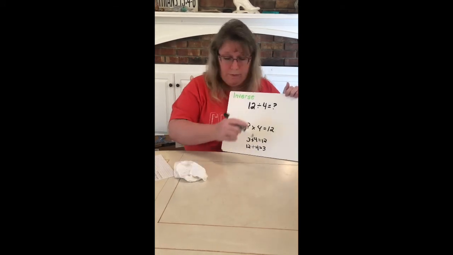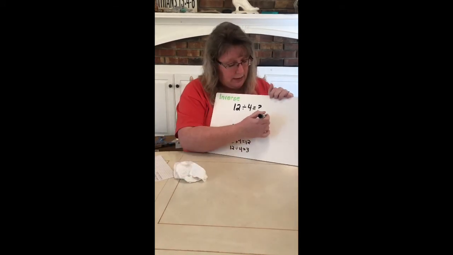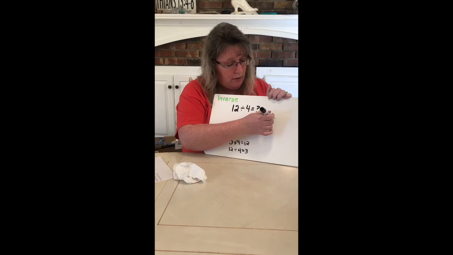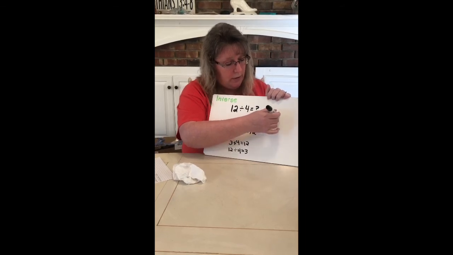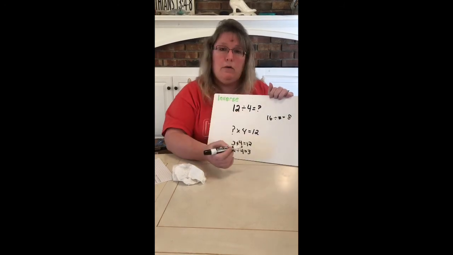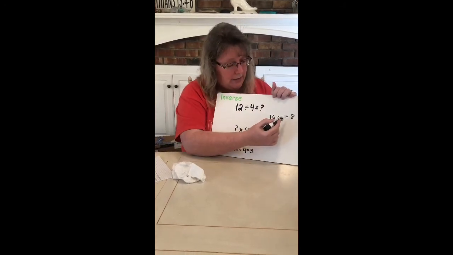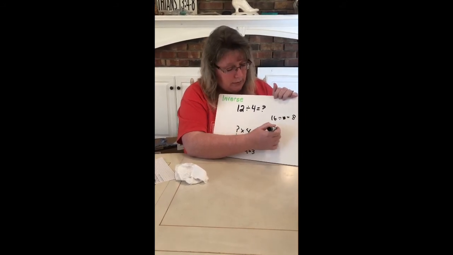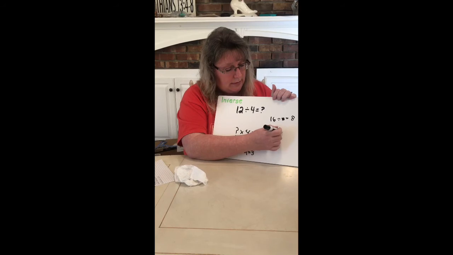That goes the same if we decide we're going to come over here and say 16 divided by what, and normally they have a little square there, y'all remember, equals 8. Well, we could turn that around. 8 times what equals 16.